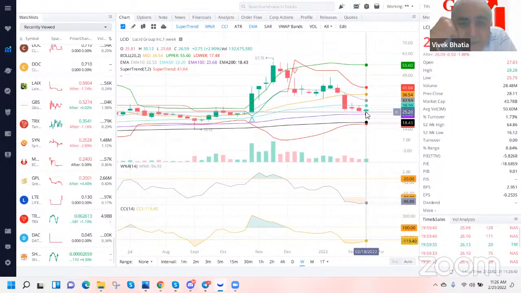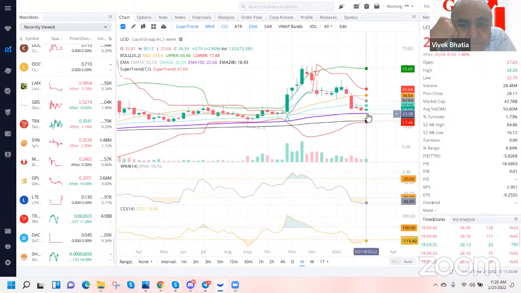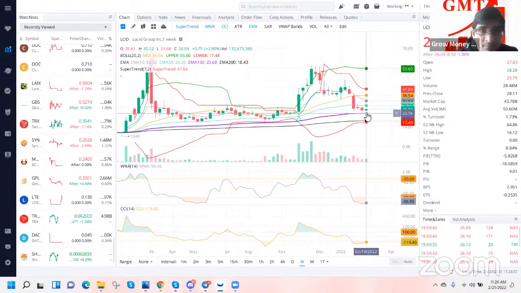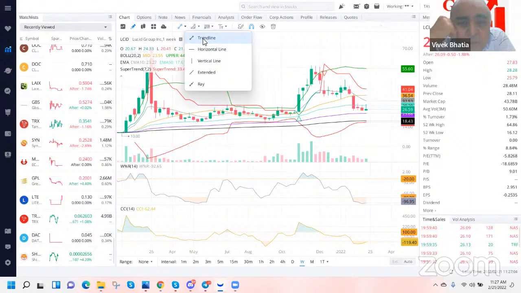But I think the 100 EMA will hold at 23.68 or 23.50. It should hold. Yes, the 100 EMA looks to be a strong support, a very strong support on the weekly chart.